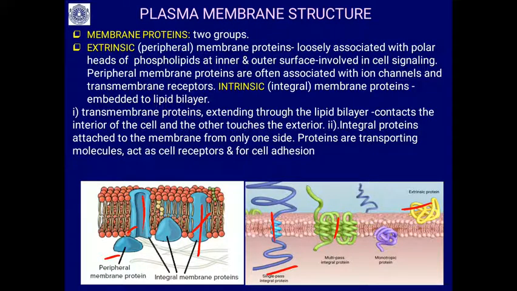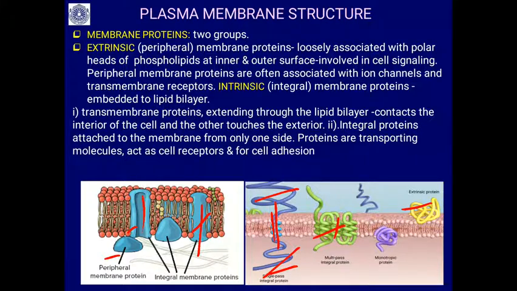This is transmembrane, you will find. They may be transmembrane, extending through the lipid bilayer, contacting the interior of the cell and touching the exterior also. They are found in the exterior, interior, and also they span the lipid bilayer. So that is what you can see.